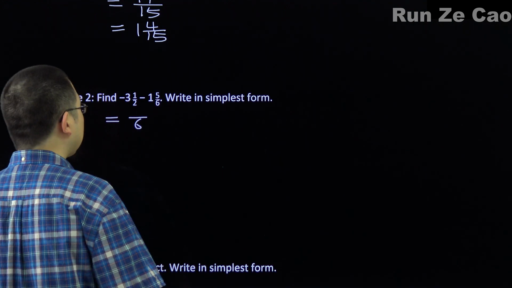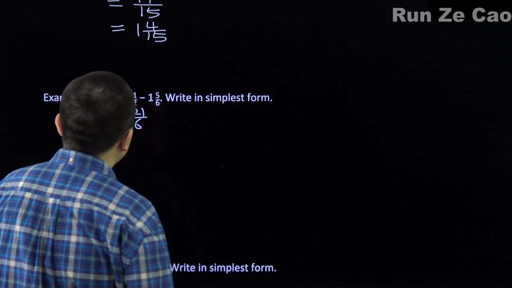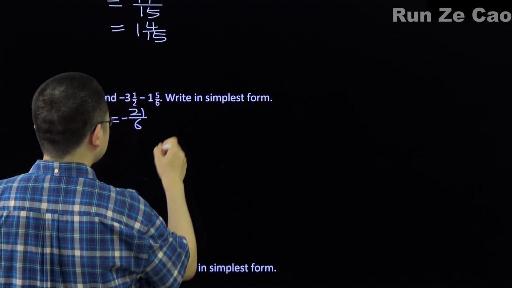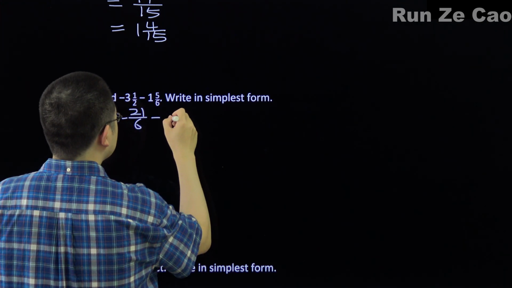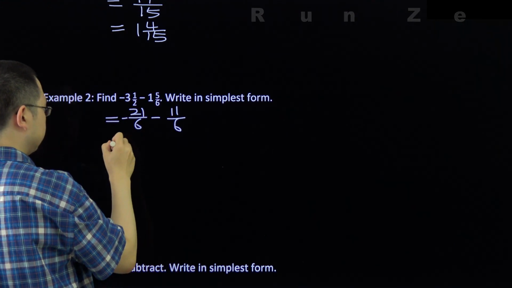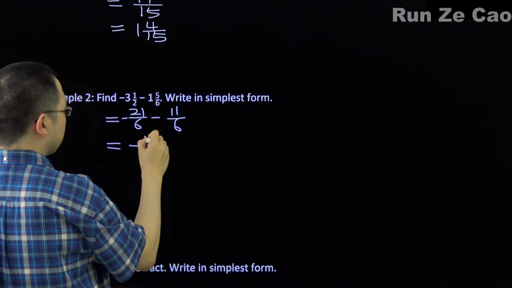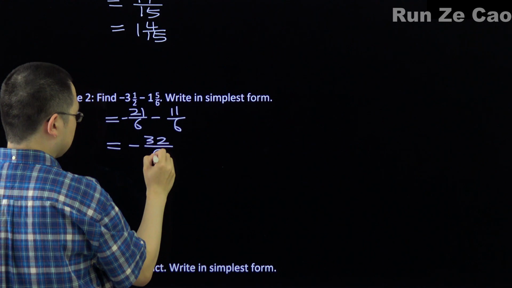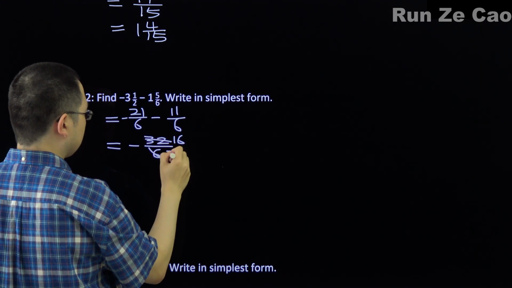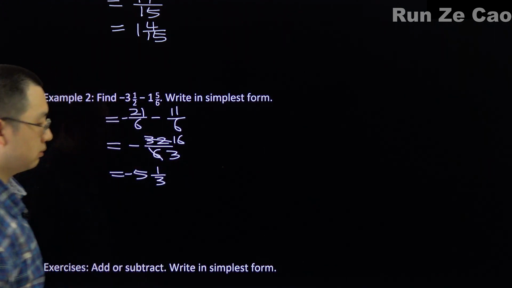Oh, well, you multiply by 3 over 3, so it's going to be 21 over 6. And it's negative. You minus 11 over 6. Okay, then you're looking at -32 over 6. In other words, 16 over 3. So this is -5 1/3.